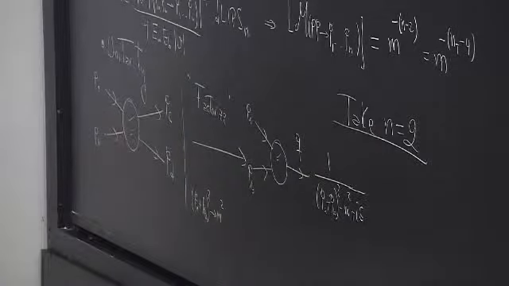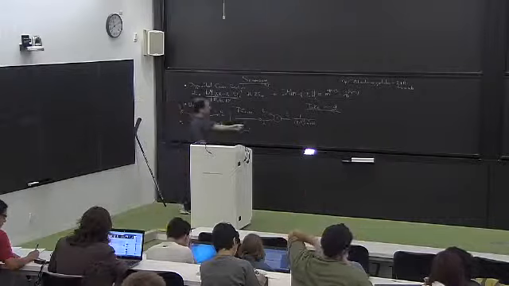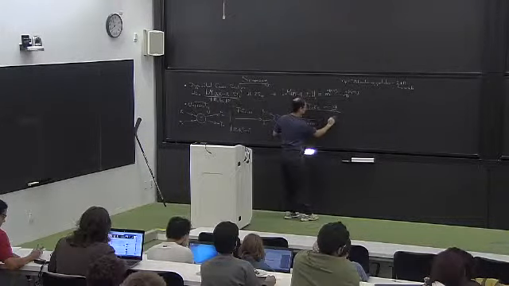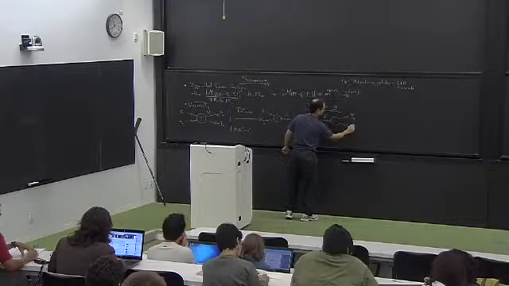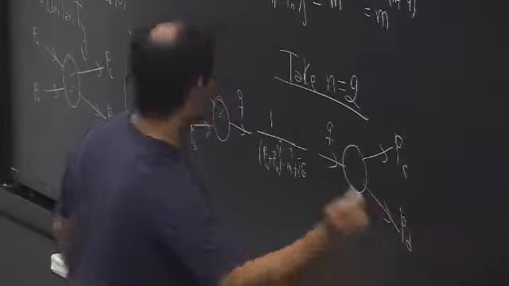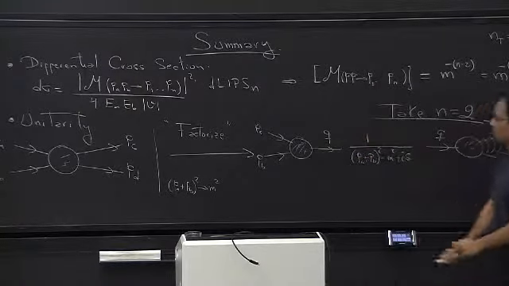Take n equals 2. I should have written that we're going to consider the case n equals 2. So we are missing something important in this equation, which is the other side. Q goes to PC and PD.